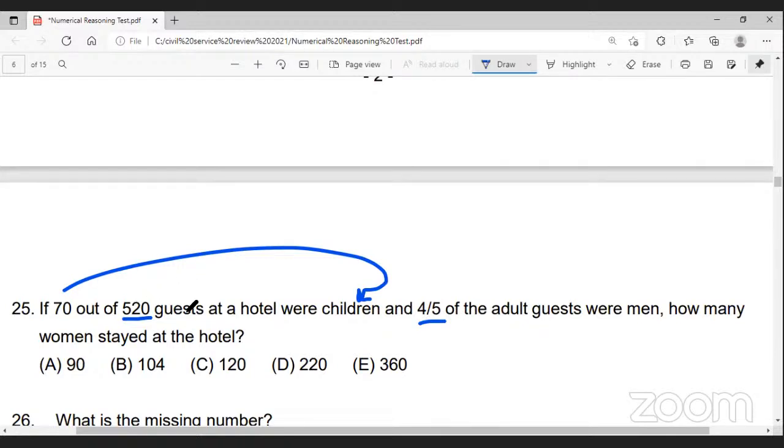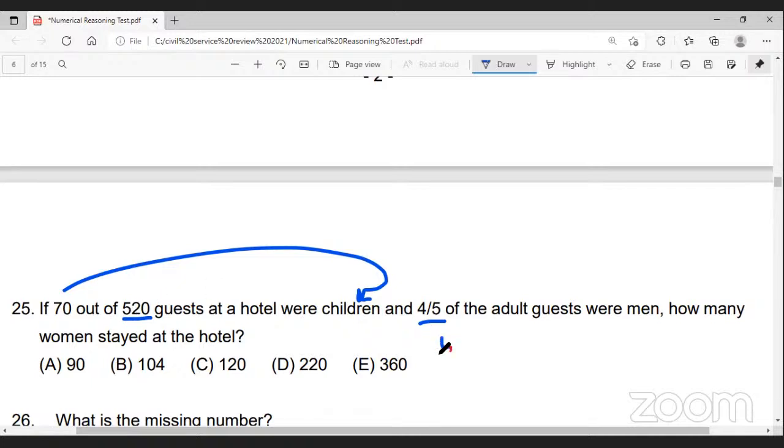4/5 of this represents how many? We will get the 4/5 of the adults, from the remaining. Let's try first to get the remaining of the guests from 520.